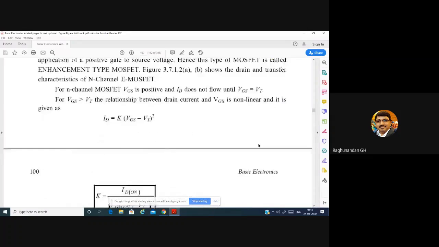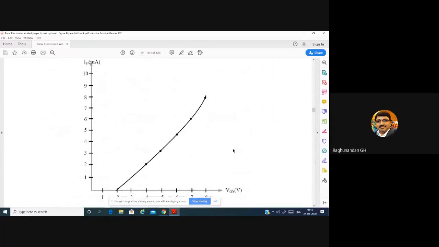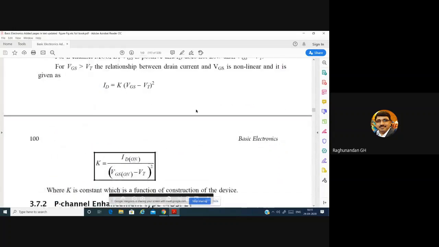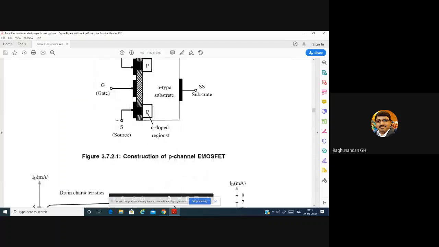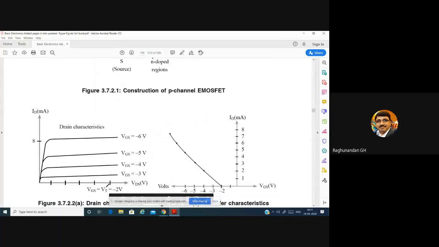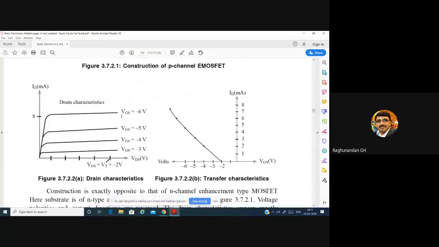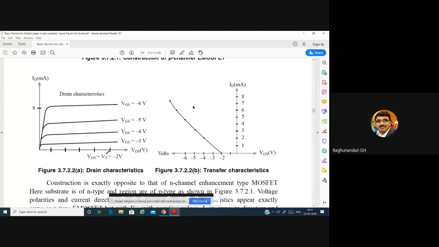Earlier VGS was positive, so it came in the first quadrant, but here VGS is negative, so it comes in the second quadrant, and the drain characteristics will be as they are. This is about the drain and transfer characteristics of the P channel E MOSFET.